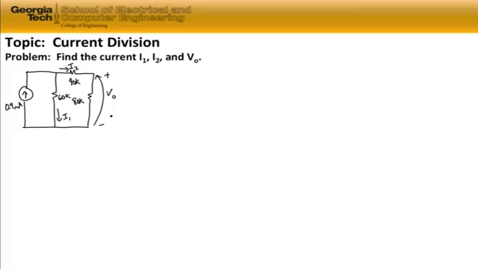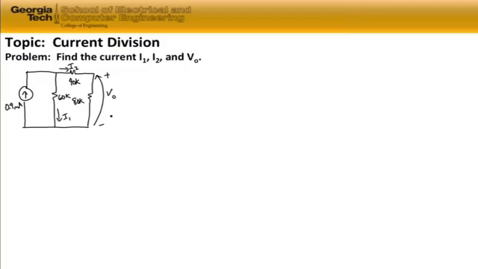If you're not familiar with the derivation of current division and how you would divide the current between those resistors, then I would refer you back to a previous video on current division that shows how current division is actually derived for a single node pair circuit, which is essentially what we have here if we combine the 80K and 40K into a single resistor.